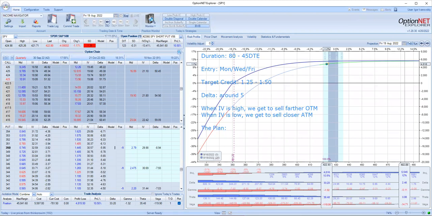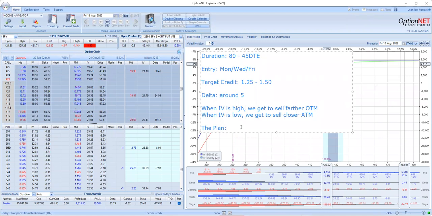Let me get back to, so the plan is to collect 80% of max potential profit and get out.